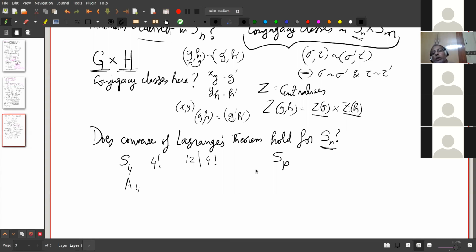So why is it obvious? If you take any divisor of p factorial, you have to find a subgroup.